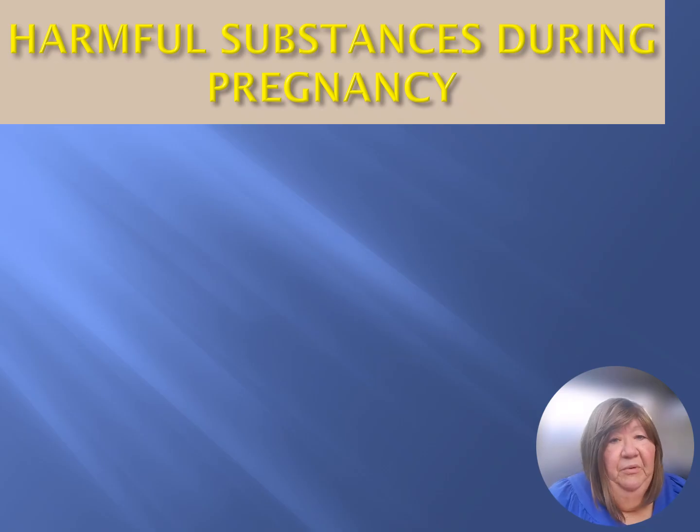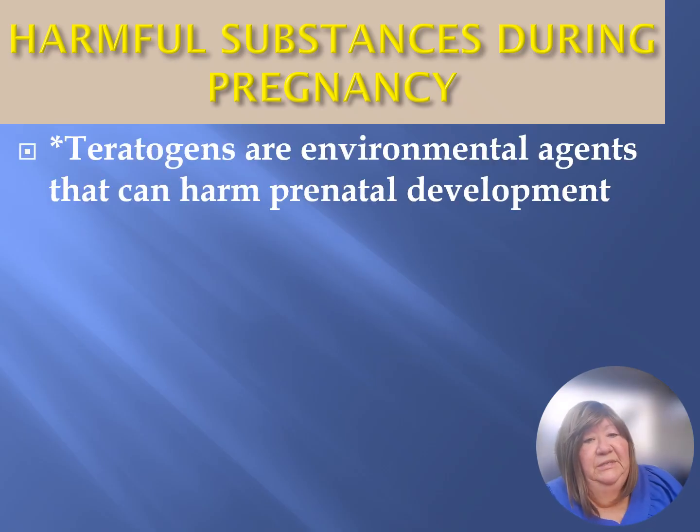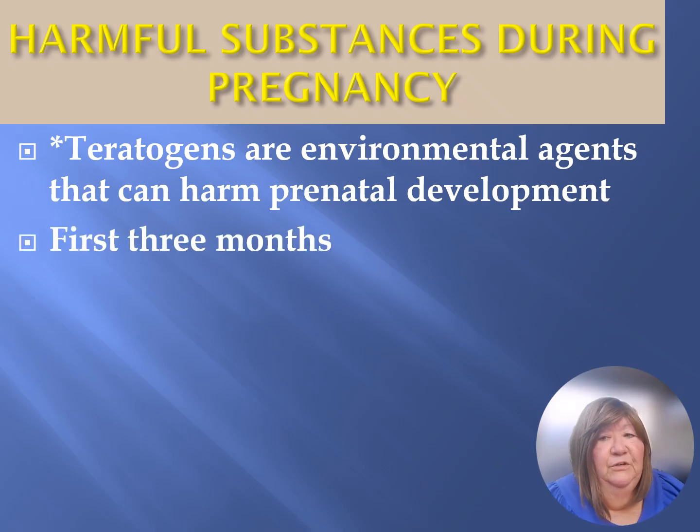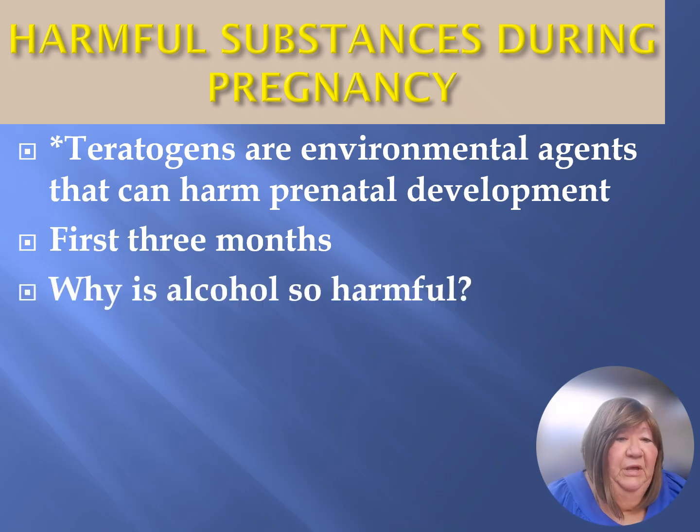Okay, during pregnancy, there are some harmful substances, and they're called teratogens. They're just environmental agents that can harm the prenatal development, the development of the baby. The first 3 months are when the most harmful things can happen because they're developing so much.